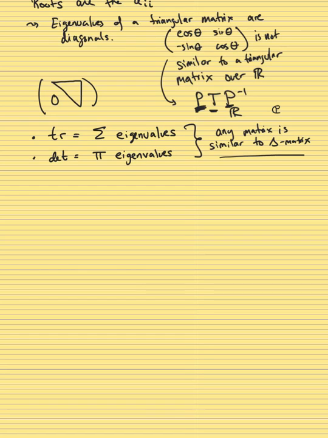Let me make one more remark, which is that this determinant of A minus lambda I is called the characteristic polynomial of A. We'll see this again shortly.